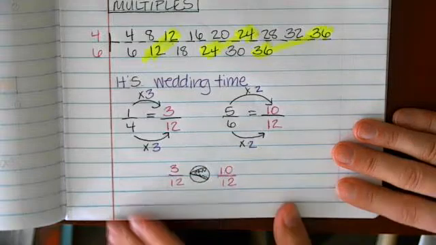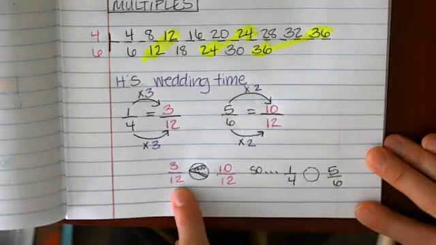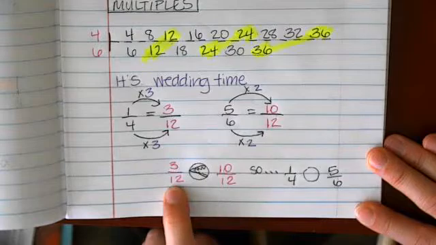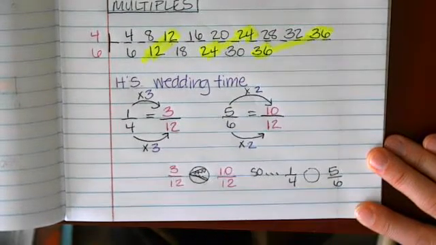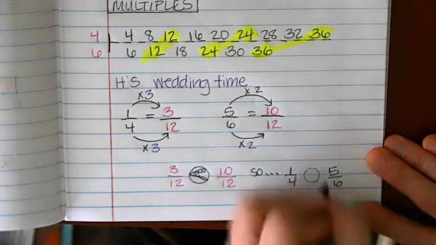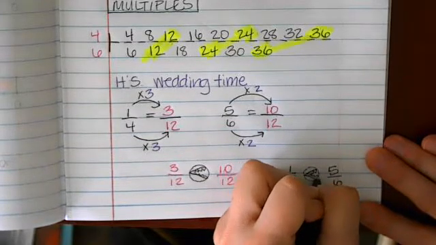Since we know that 1/4 and 3/12 are equivalent, and 5/6 and 10/12 are equivalent, we know that 5/6 is greater than 1/4.